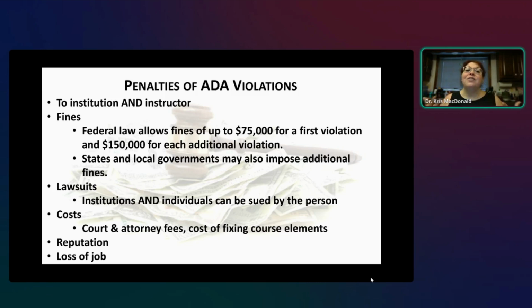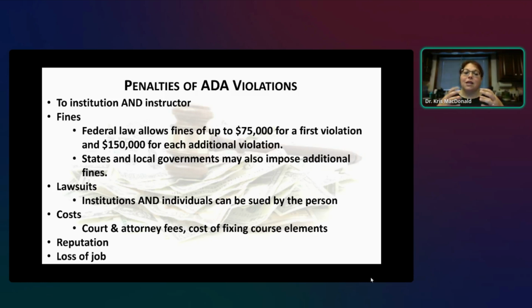So if you have an instructor that is teaching multiple sections of the same course, and each of their sections have multiple violations within them, start doing the math. If the institution cannot prove their due diligence in terms of, look, we did our part and the instructor is still refusing to do this.